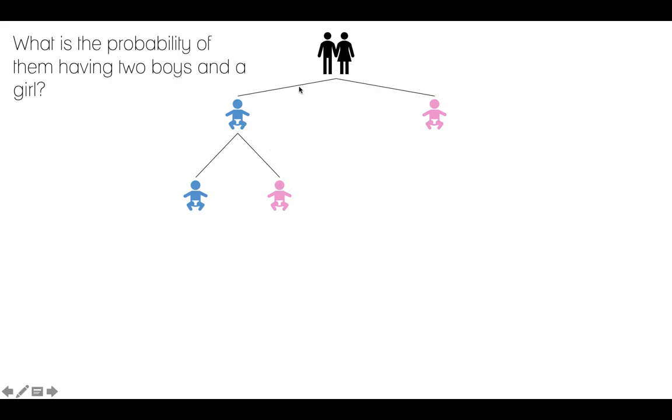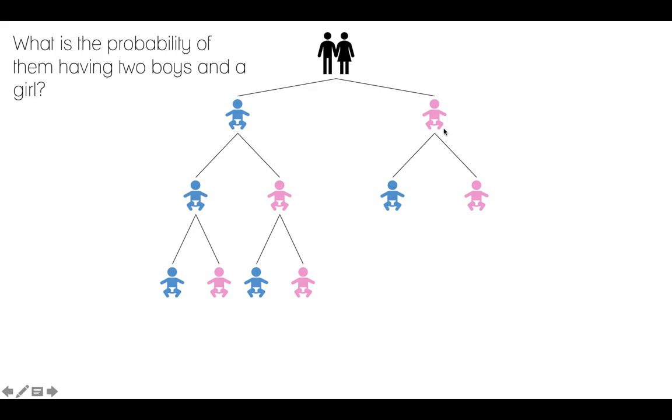If they've had a boy for their first child and a boy for their second child, now they're going for their third child, again it's going to be either a boy or a girl. We keep doing this until we've got our 3 rows all filled out. So here we have our boy and our girl, then back over to here we have boy and girl, and boy and girl.